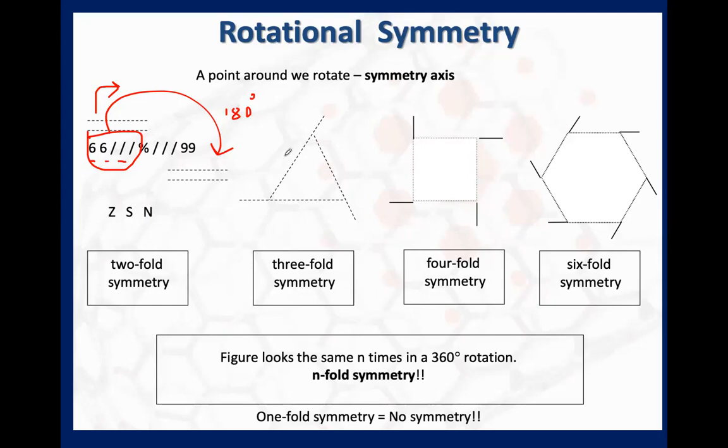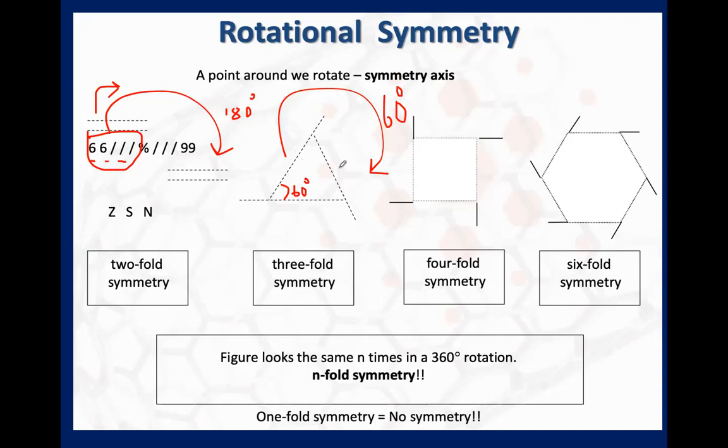And if you rotate this triangle by 60 degrees, why do I select 60? It's 60 here, right? This is a triangle with equal sides and equal angles, so every 60 degrees will give you the identical shape.